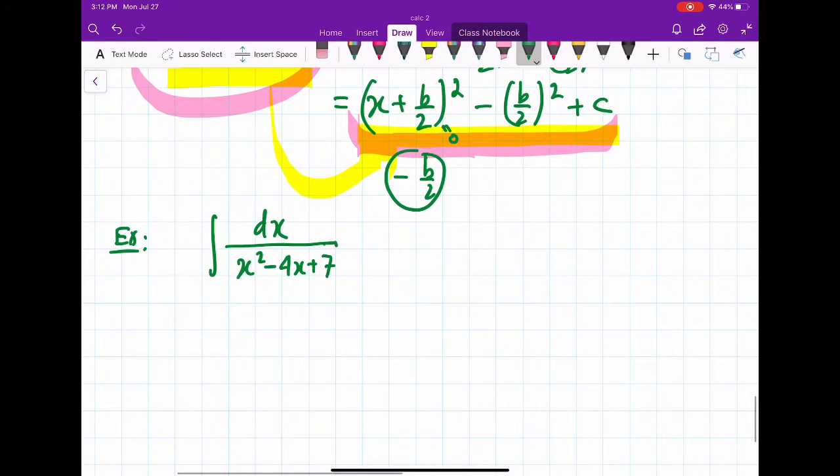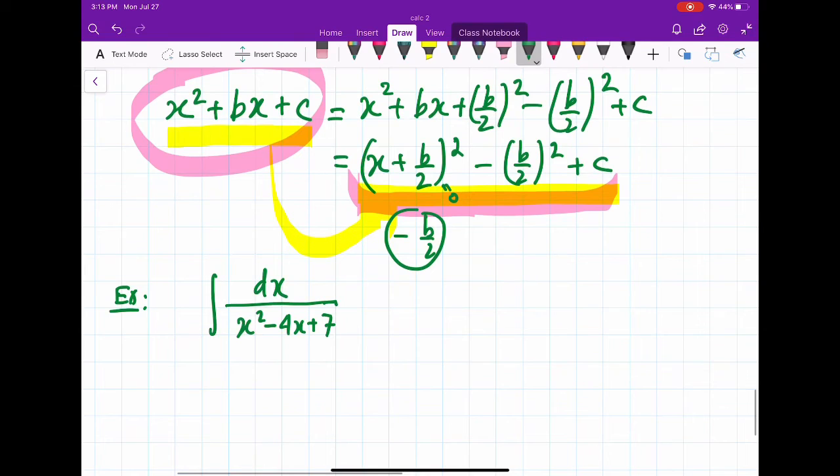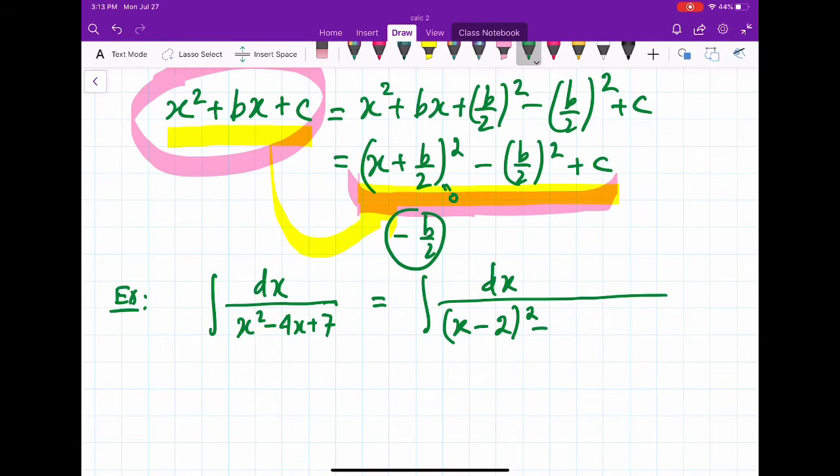Okay, so we can rewrite this quadratic function as dx over, the b in this case is negative 4, so I write x minus 2 squared minus b over 2 squared, which is 2 squared, and c is 7, I have 7 right here.